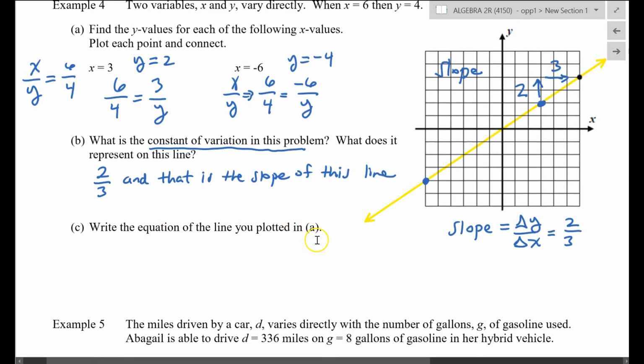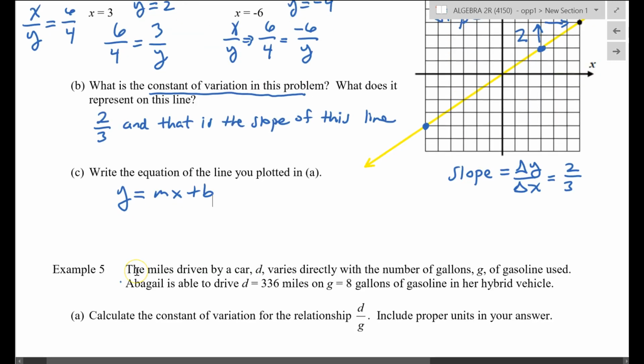Write the equation that we plotted in A. Well, y equals mx plus b. I'm glad that we just reviewed this. We just said that the m value is the slope, which means that this must be the y-intercept. So we found the slope.